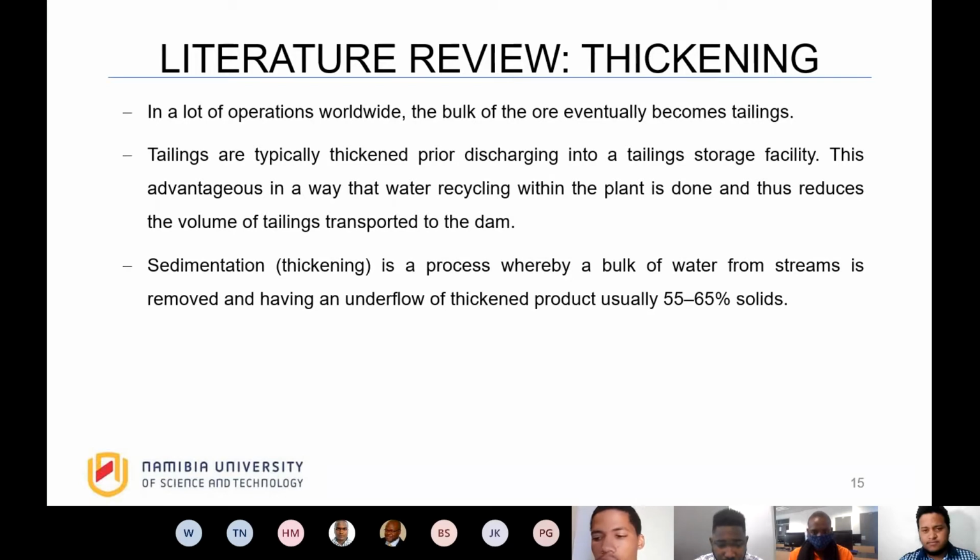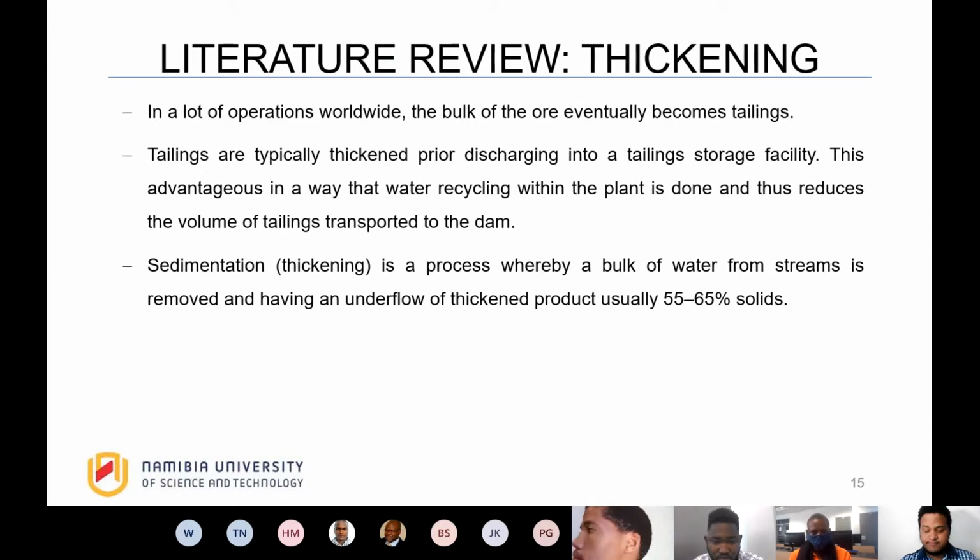So my task was to design a thickener which would handle our slurry and water recovery. As we all know, in most operations worldwide, we treat on a daily basis a bulk of material, and most of it goes to tailings. Before we send this bulk material to the tailings, we need to treat it.